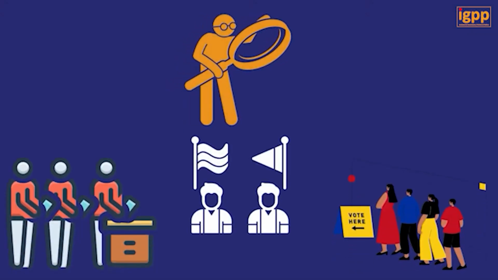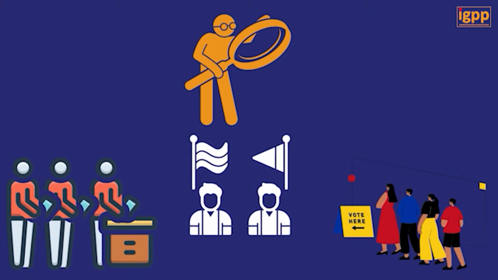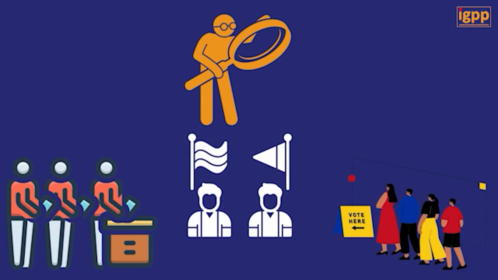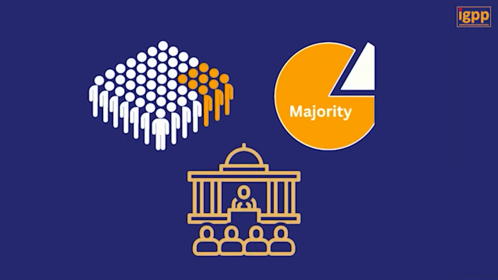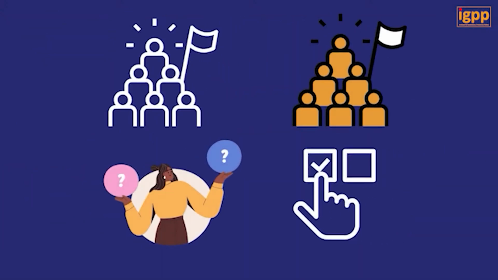In a two-party system, voters can easily identify the two main parties and their platforms, simplifying the decision-making process during elections. Moreover, the two-party system ensures majority rule, as one of the two parties typically secures a majority in the legislature, enabling more effective governance. However, the two-party system also presents its share of challenges.